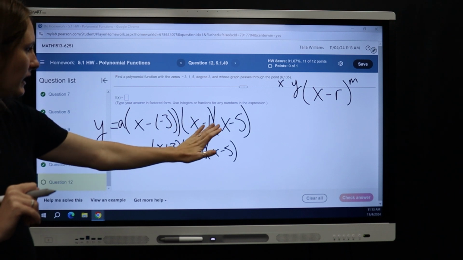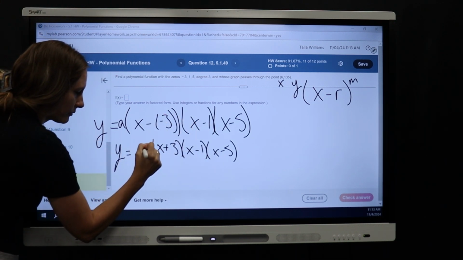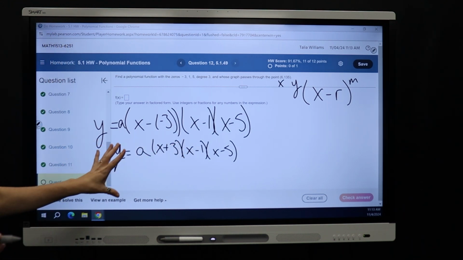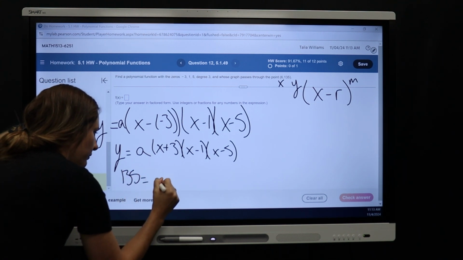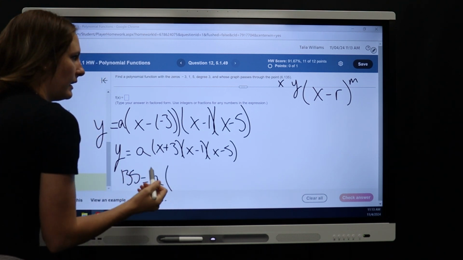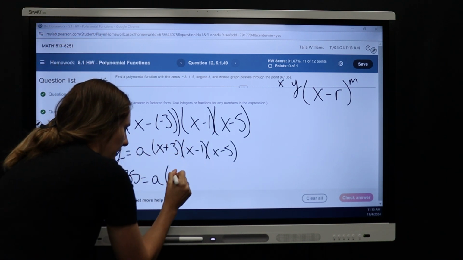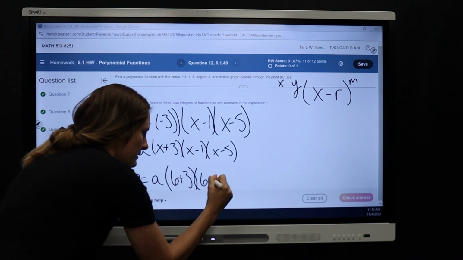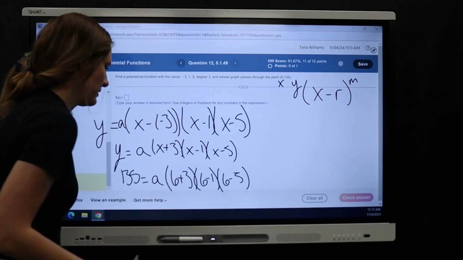So I simplified our polynomial here, and we're going to plug in our y value and our x value to solve for this a right here. So I'm going to have 135 equals a, and I'm not going to multiply this out to simplify it. I think it's easier to do it like this. So 6 plus 3, 6 minus 1, and 6 minus 5.